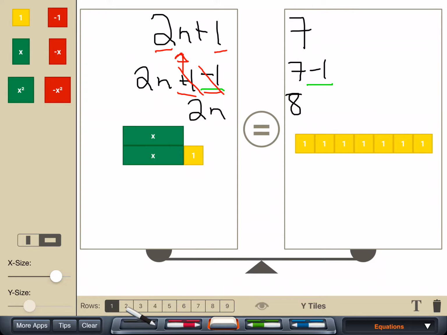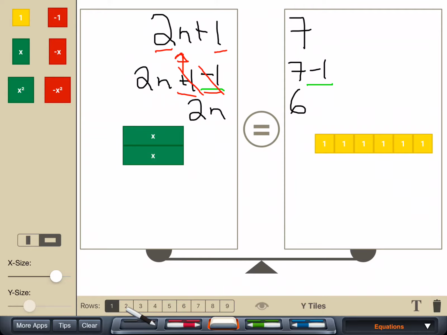Okay, now the subtraction of 1 we can model two ways. We can either take away 1 like that. I've subtracted 1 from each side. Okay. I just realized I made a mistake here. I'm just going to fix that one. 7 minus 1 is 6. Sorry about that. Hope you guys caught that.